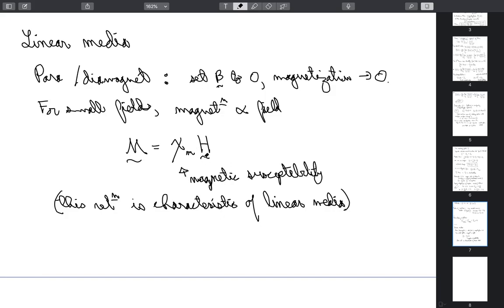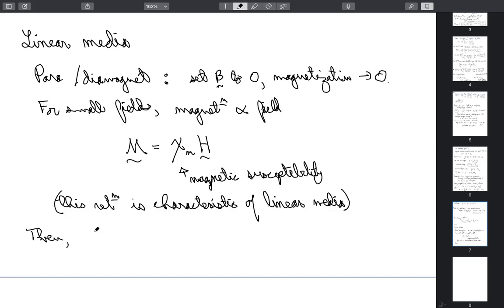If you have a real material and you apply some field, there will be a magnetization component appearing which is proportional to that, but there's a whole series of extra terms that determine some nonlinear effects. The point is that most of the effects that you'll measure to a great accuracy will be linear in the field.